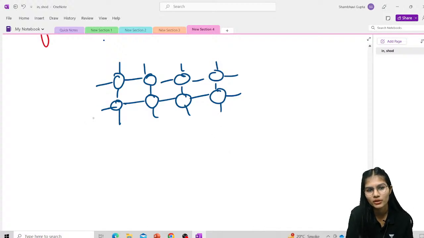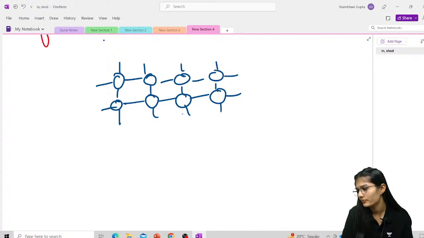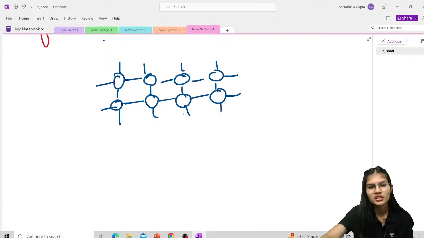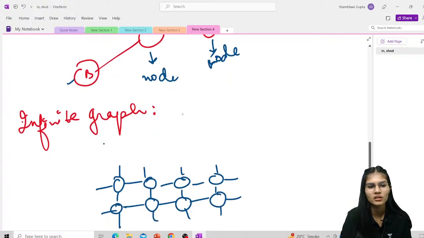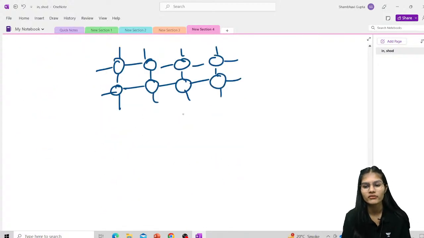Till the time I am not able to see an end, I won't say it is an end. Yes, carbon chain, right, Adit? Absolutely right. It's infinity. True, Priya. So this is what we call an infinite graph. That is what you have to remember between the finite and the infinite graph.